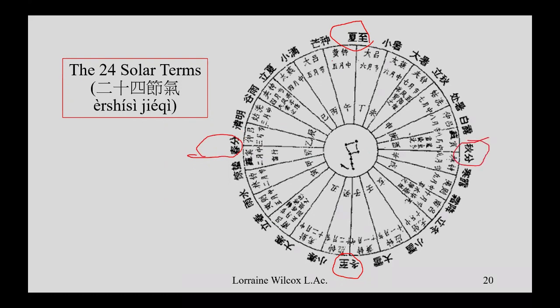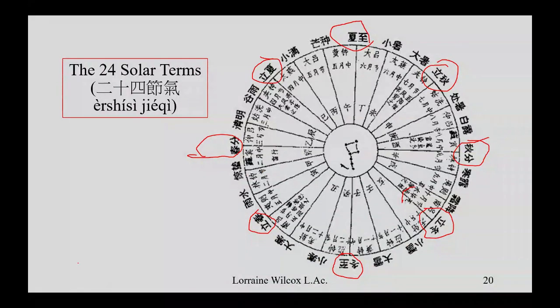So if we take those 4 dates and divide them in half again, we get the beginning of spring, the beginning of summer, the beginning of autumn, and the beginning of winter. And then if we divide it again and put 2 more divisions in between each of the 8 main places, we get 24 sections of the year.